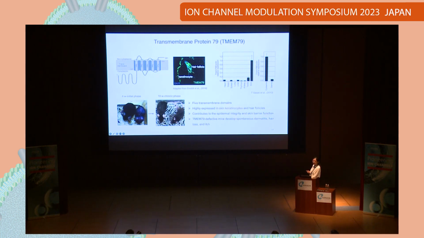Interestingly, the lack of TMEM79 could cause similar skin illnesses as the gain-of-function mutation of TRPV3, including dermatitis, hair loss, and itch. Considering such functional interaction and functional similarity between TRPV3 and TMEM79, we examined the possibility of their interaction.